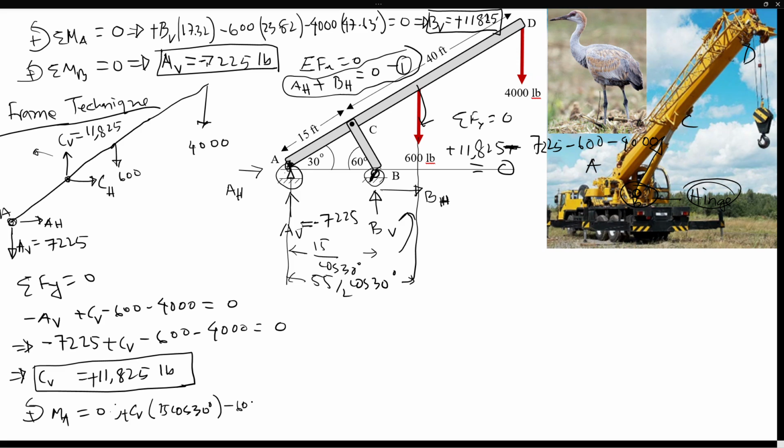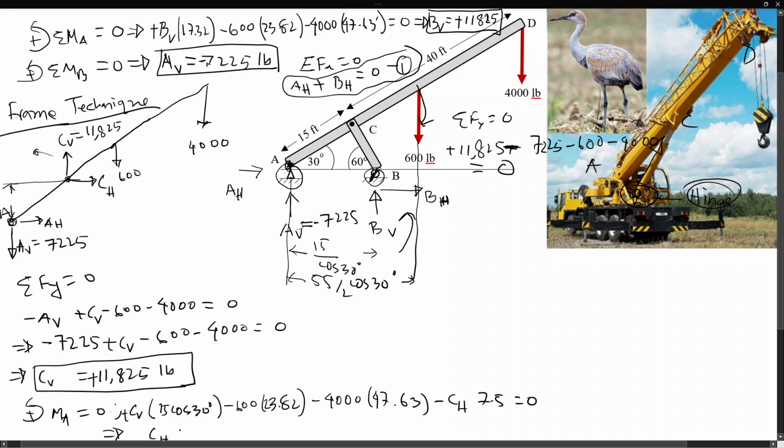The 600, and the distance of the 600 is 23.82 feet, minus 4,000, the distance of that from A is 47.63, minus CH. The line of action of CH is actually this guy, which is 15 sine 30, so it's going to be 7.5. Everything sums to 0. So then we can calculate this CH.